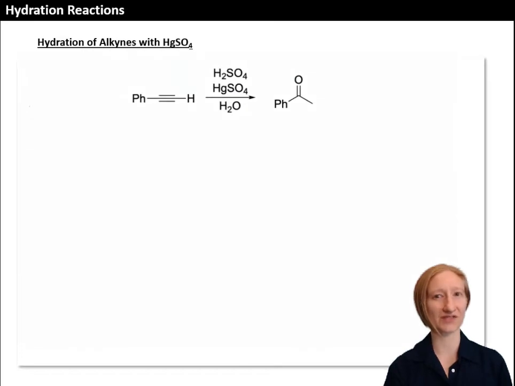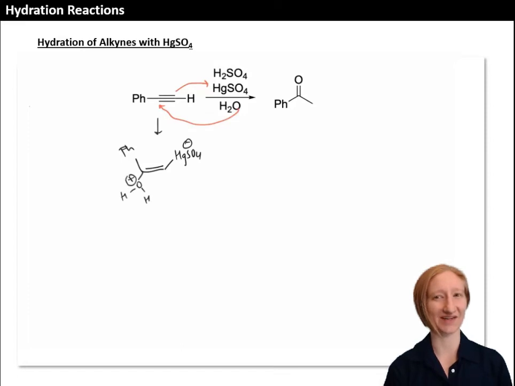Here, as always, the reaction begins with attack of the nucleophilic alkyne on the electrophile. But under these conditions, with mercury around, mercury is now the best electrophile. So the alkyne will attack the mercury, and water will act as the nucleophile to attack the more substituted alkyne carbon.